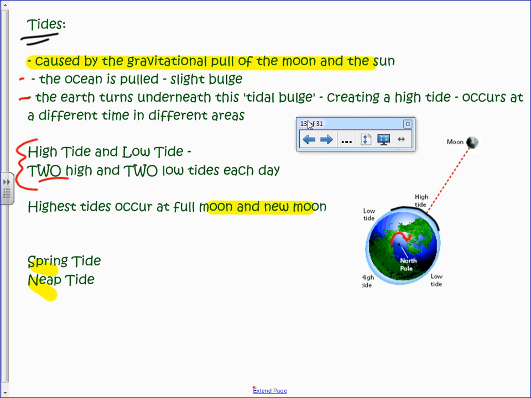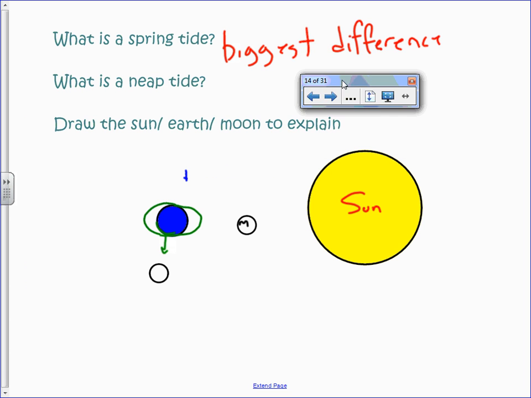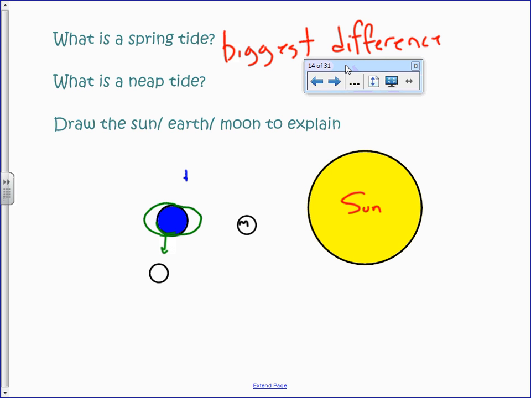So actually, I've got some pictures right after this. Yeah, well, that's similar, right? So yes, and you can have the high tide, which is at the full moon, right?